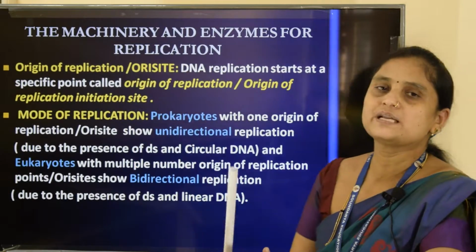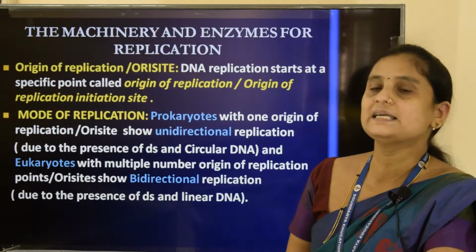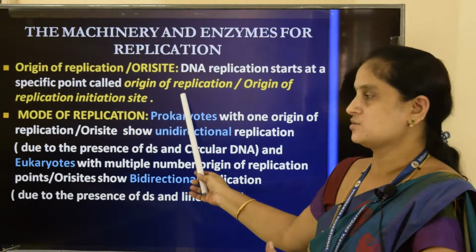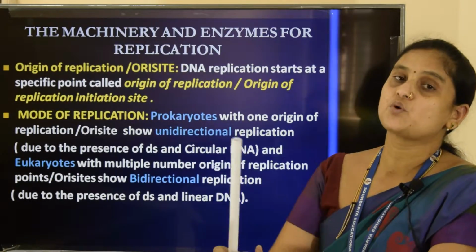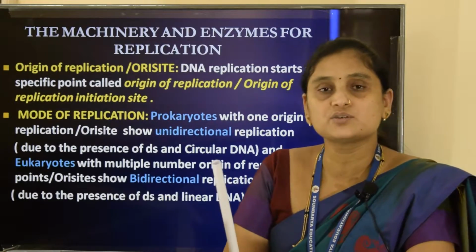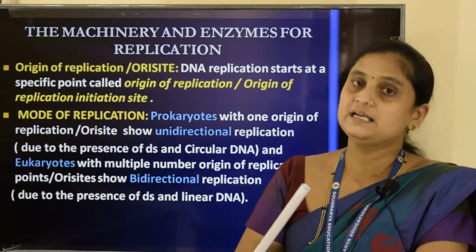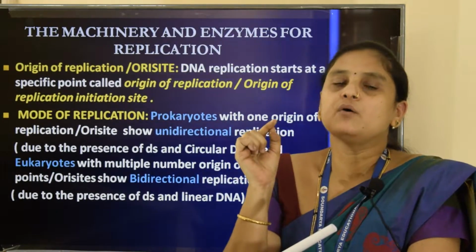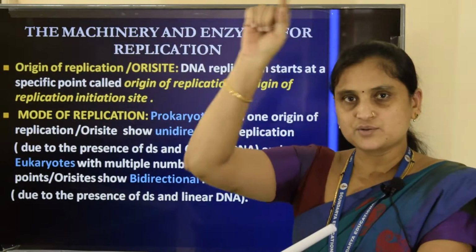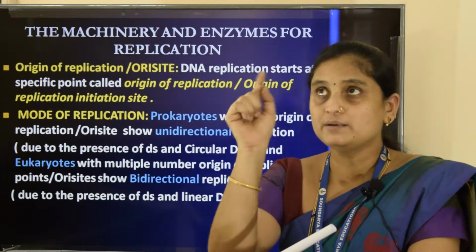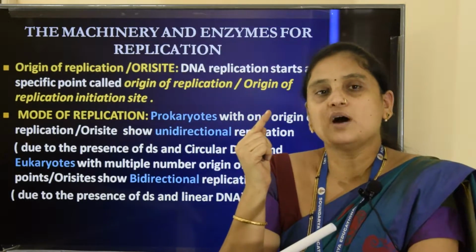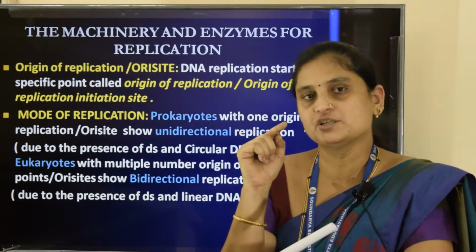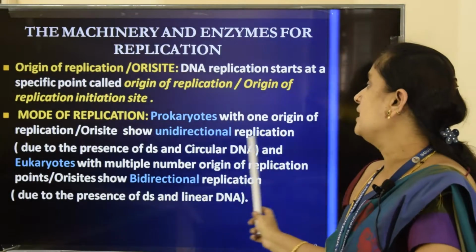Now the mode of replication. The mode of replication is decided based on the number of origin of replication sites, or ORI sites. As prokaryotes have circular DNA, there will be only one origin of replication. As they have only one point of origin, their mode of replication will be unidirectional.